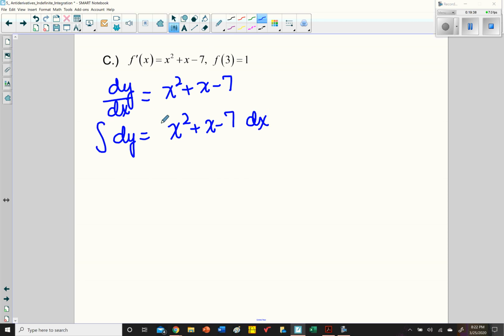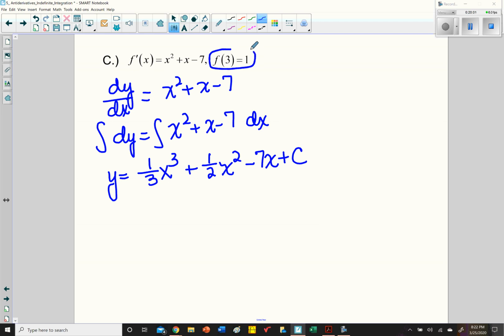Integrate the left and the right. Y is 1/3 x cubed by the power rule plus 1/2 x squared minus 7x plus a constant. That's our general solution.